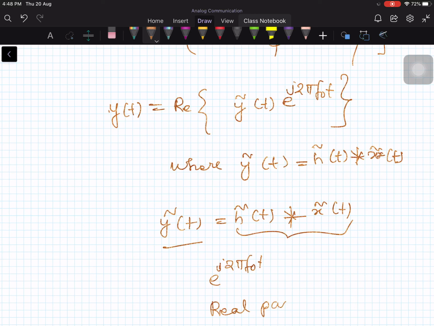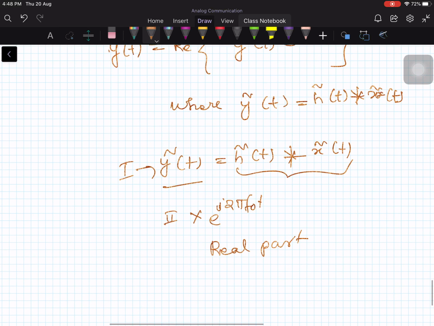Simple, right? The first step is do this, second step is multiply with this e to the j 2 pi f naught t, and the third step is take the real part. That's all. Very simply you can get the result instead of going through this lengthy calculation.